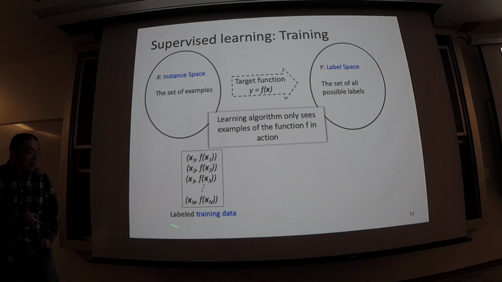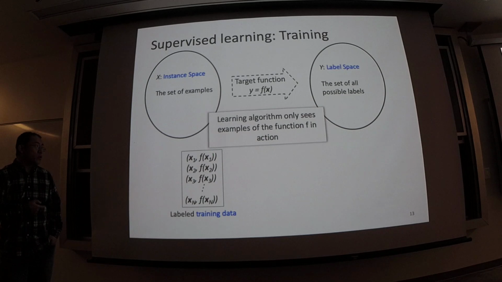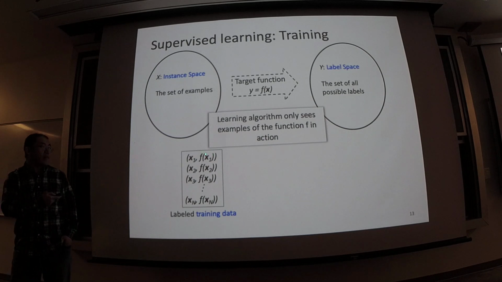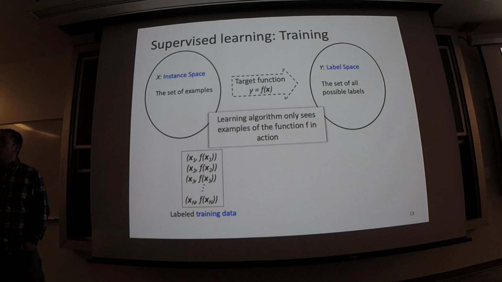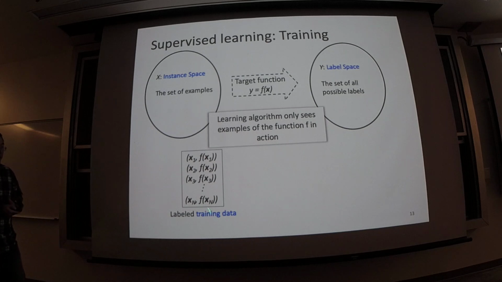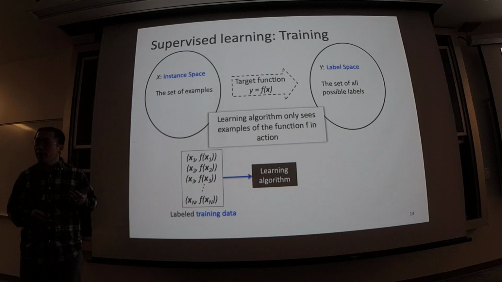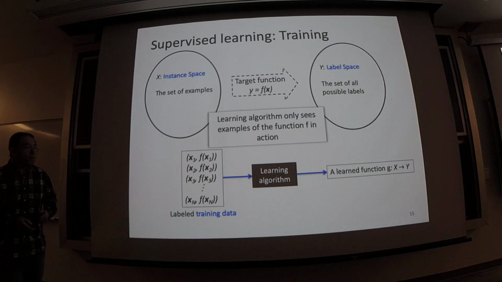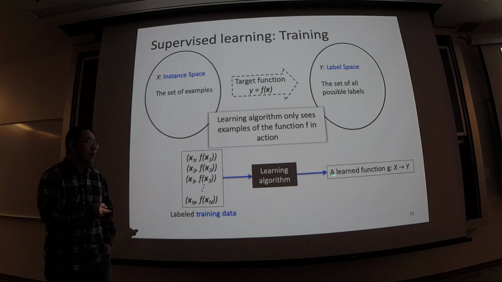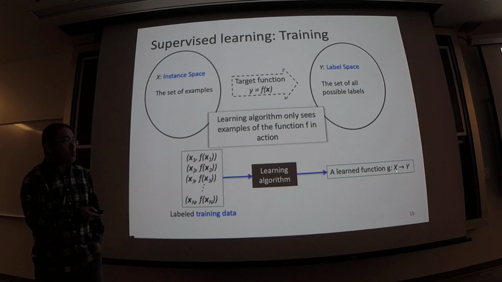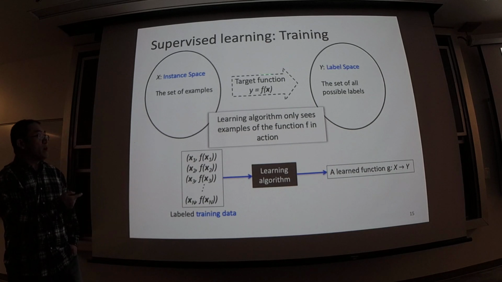Suppose we have n training examples, we represent them as x1, f(x1), which is the ground truth label, x2, f(x2), until xn, f(xn), right? This forms the input of our supervised learning algorithm. We feed this labeled training data to our learning algorithm, then we expect that the algorithm will return a learned function g, which is also a mapping from the instance space to the label space.